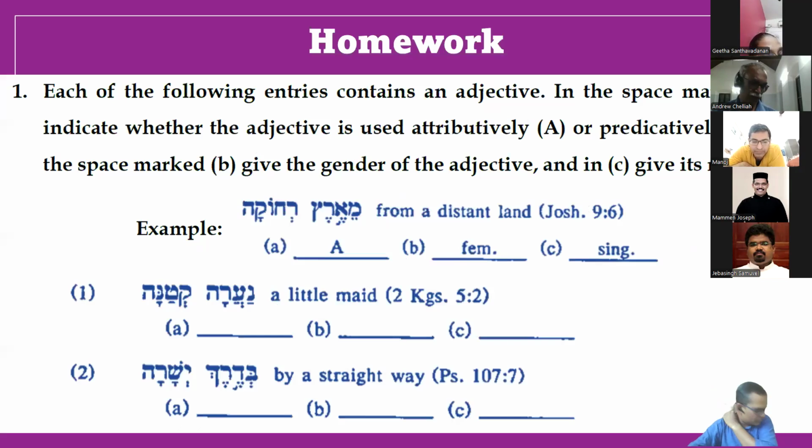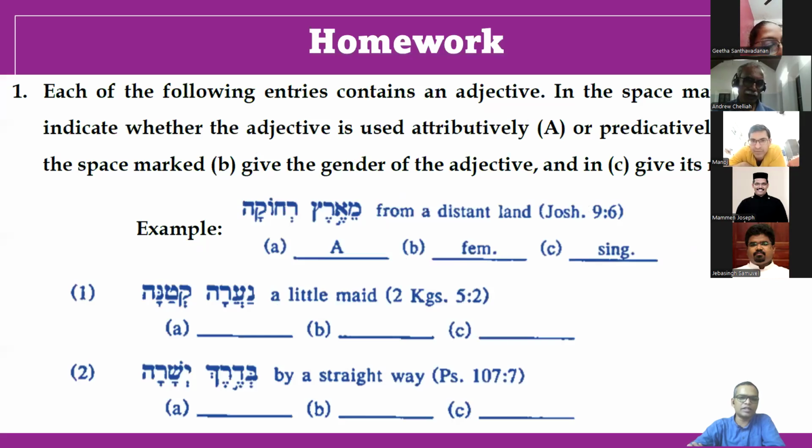I understand what you are trying to say here. It is qualifying, describing the noun. But the question here is whether it is an attributive usage or a predicative usage. It is attributive usage because here the adjective is appearing after the noun.